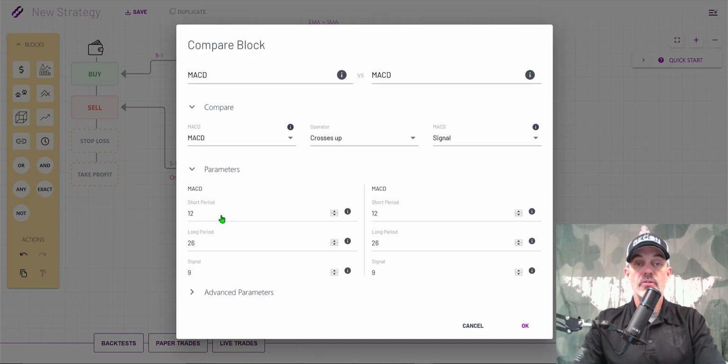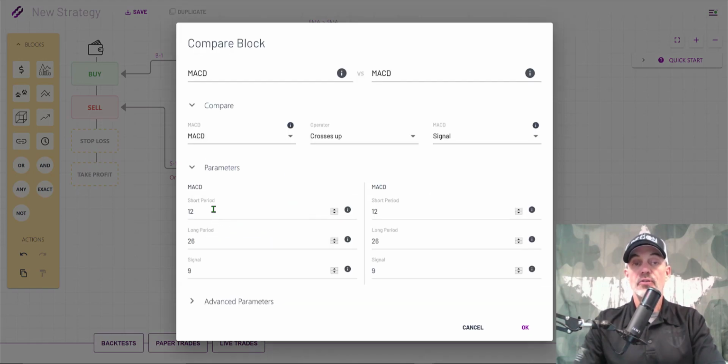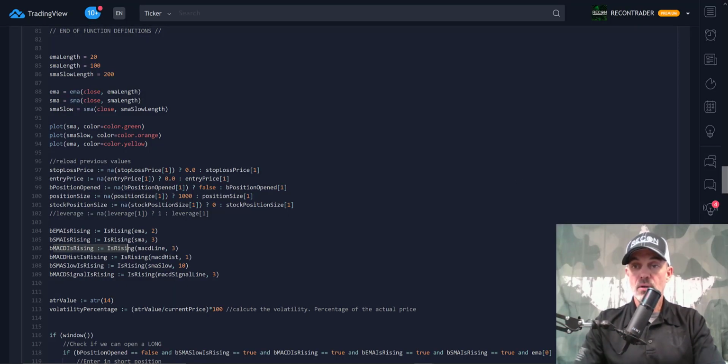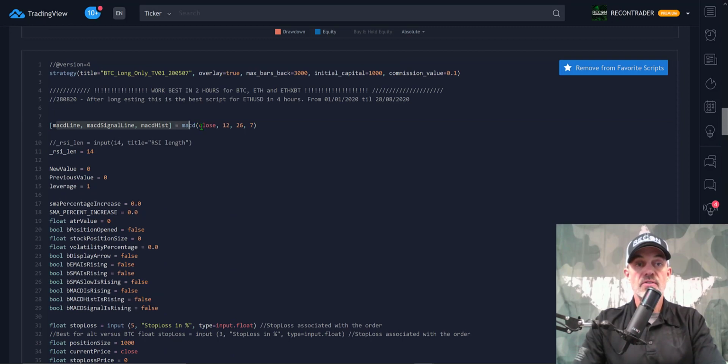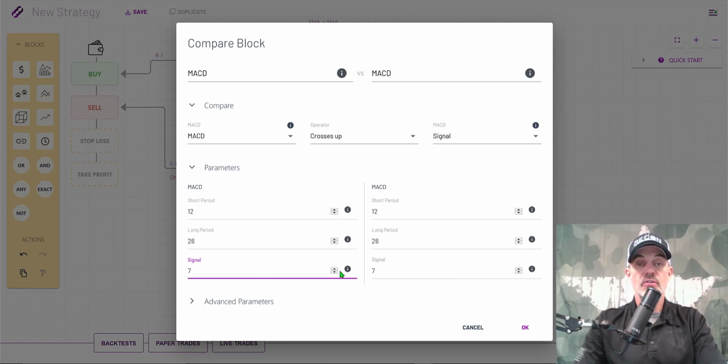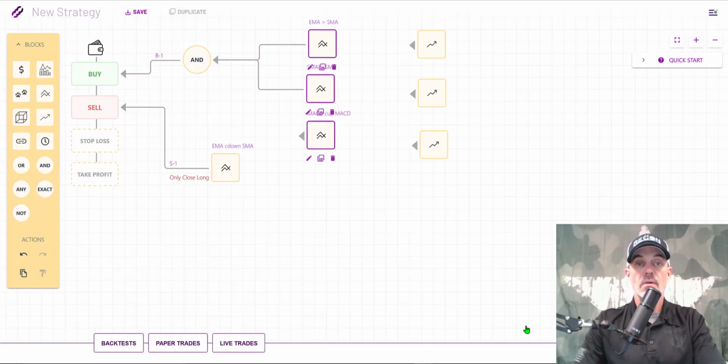The parameters for that, the defaults are 12, 26, 9 on both sides. Again, I had to go into the code, and in the code, he actually listed the close 12, 26, 7. And so I end up changing the signal to 7. Now the MACD compare block is configured, and I can also connect it to the AND.